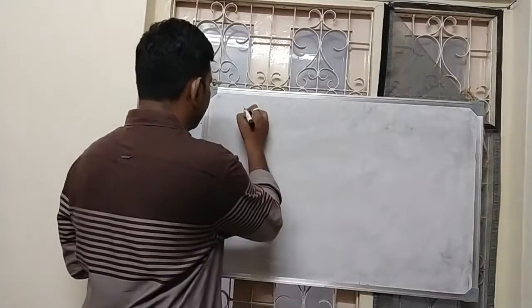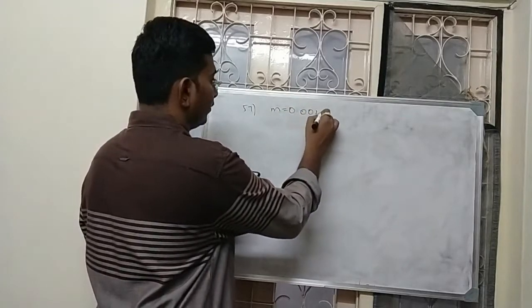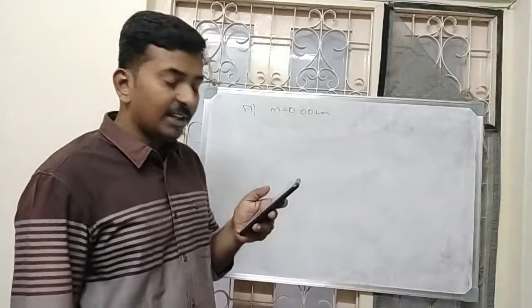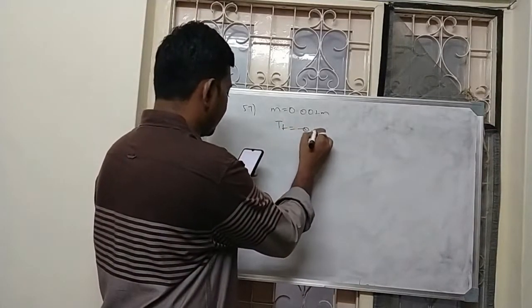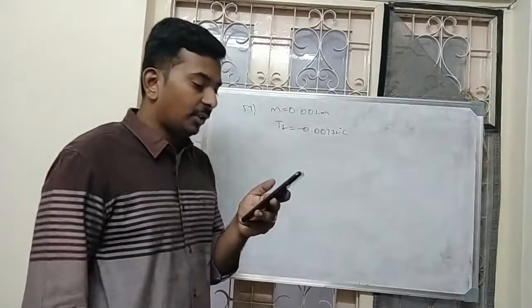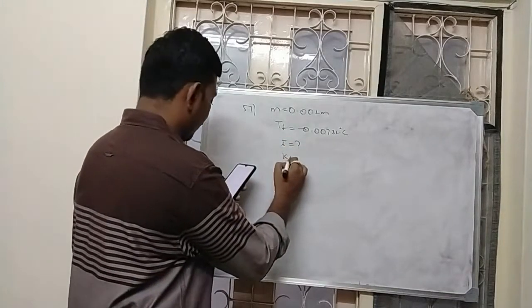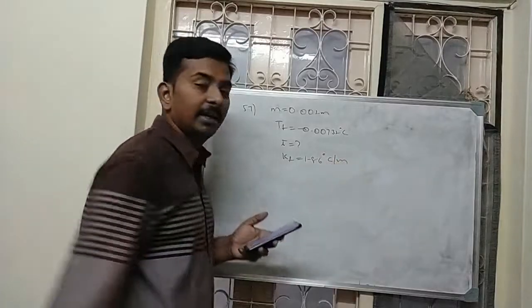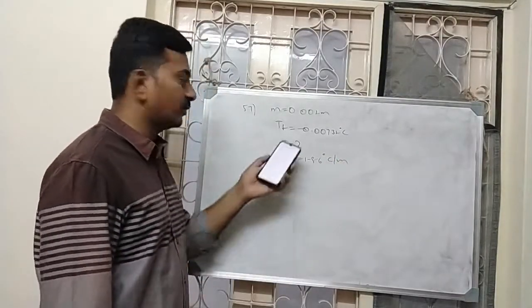So the given information is the molality, 0.002 molal. The freezing point of the solution, Tf, is minus 0.00732 degrees centigrade. They are asking how many ions will be produced, that is the i value. Kf value is given as 1.86 degrees centigrade per mole. So I need to calculate the value of i by using this.